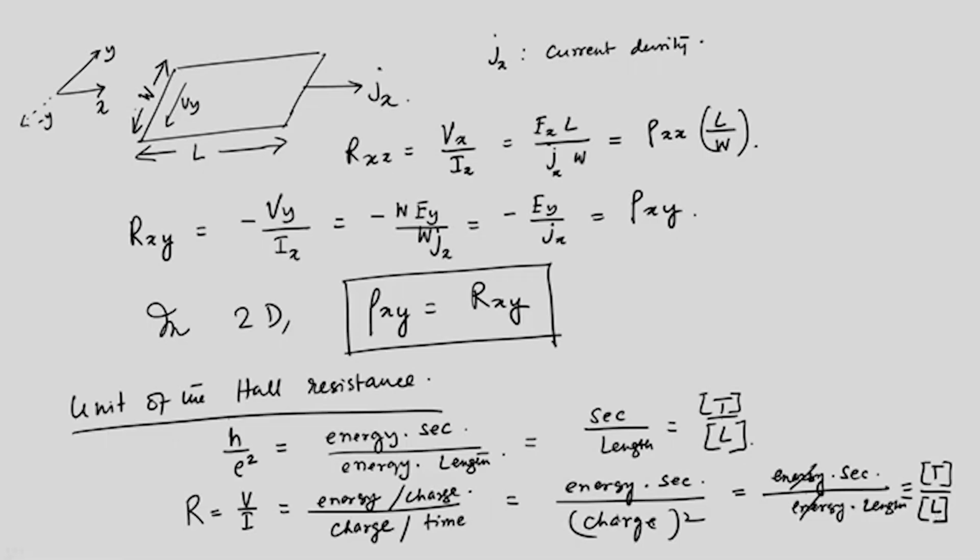So, that is the unit of all resistance. So, this is rho xy and so on. Okay. So, h over e square has the unit of resistance, and it is also the unit of resistivity in 2 dimensions.